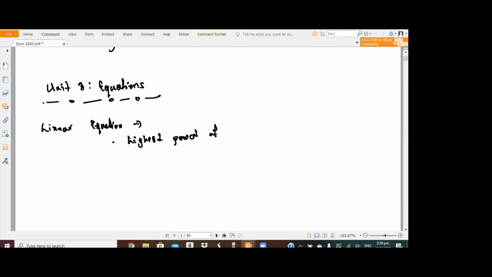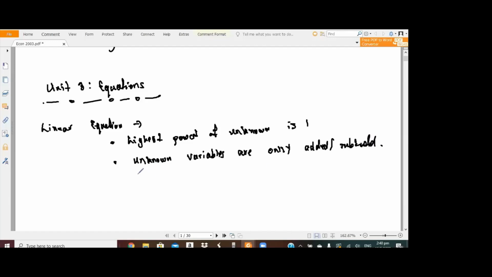And the unknown variables are only added or subtracted and not being multiplied. So that means that you can't multiply or divide unknown variables, right?